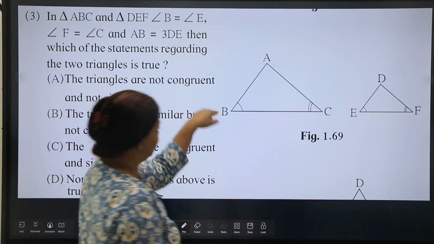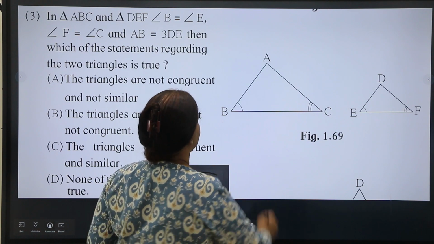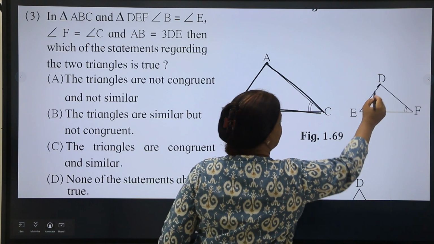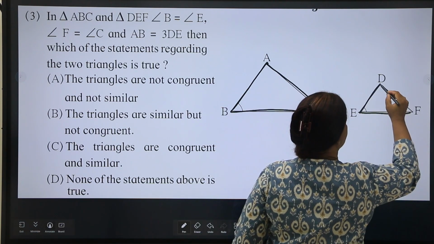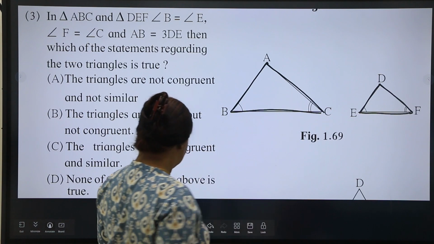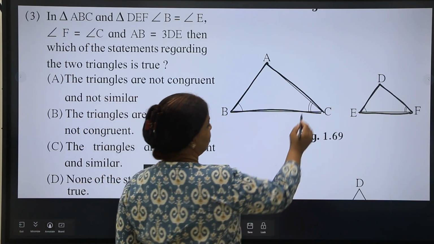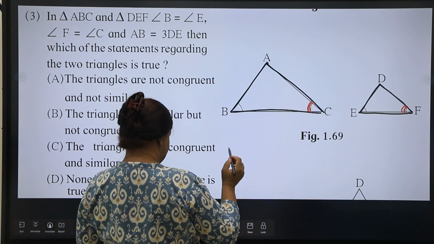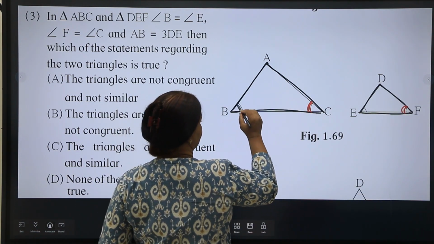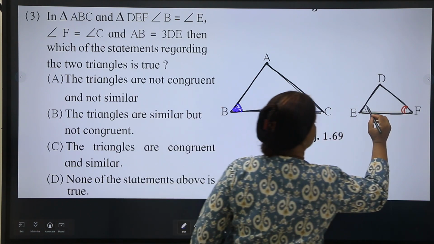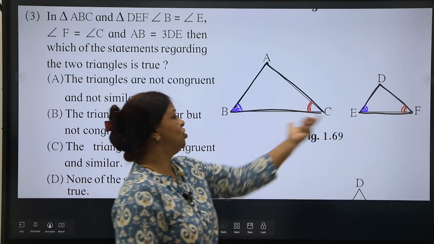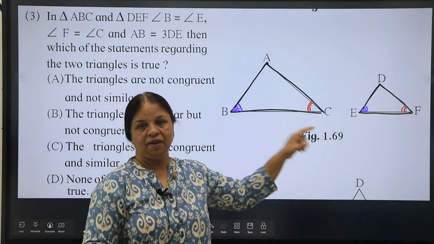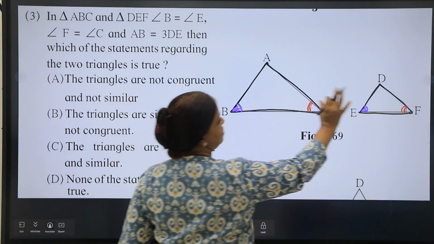In the next question, you can see triangle ABC and triangle DEF. From the diagram we come to know this angle is equal to this angle, and this angle is equal to this angle. By the picture we can see that these two figures are not equal, but they are similar.